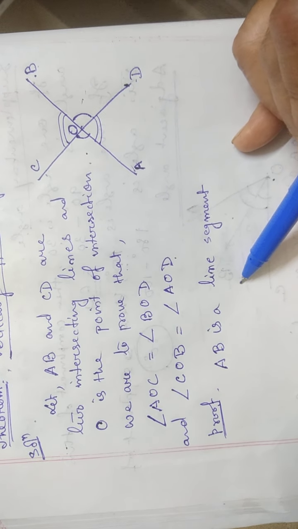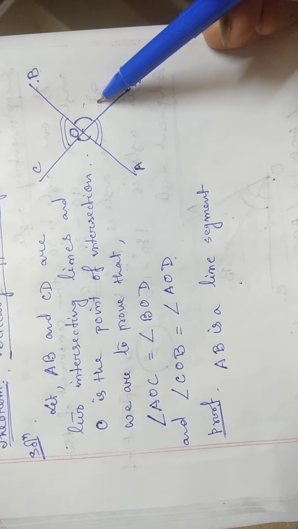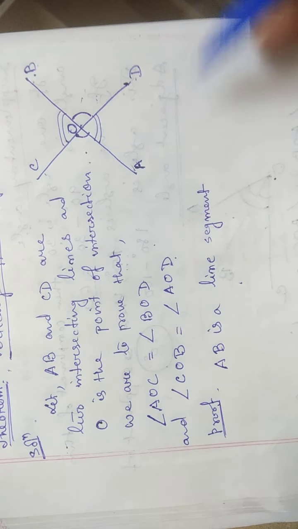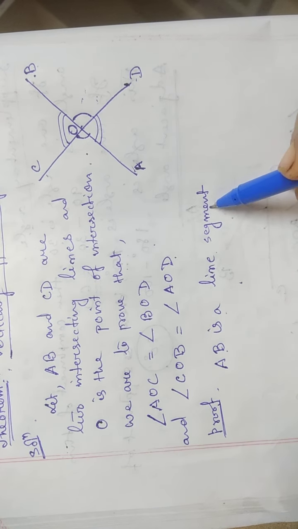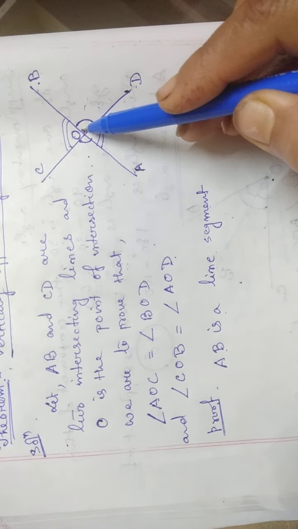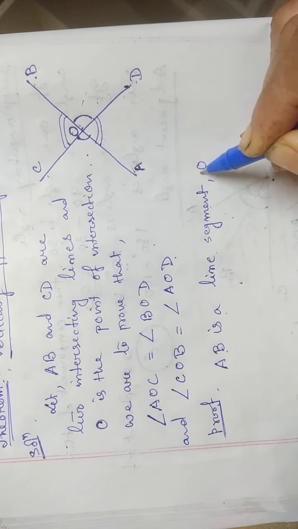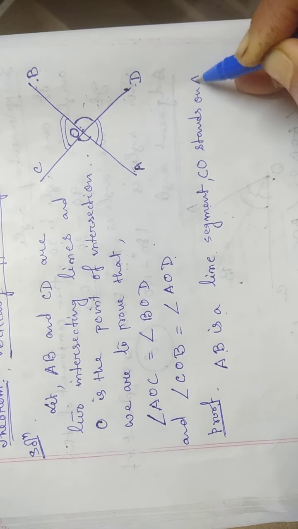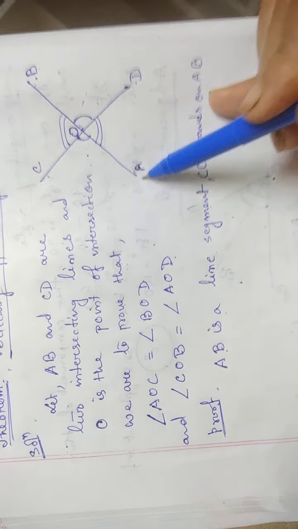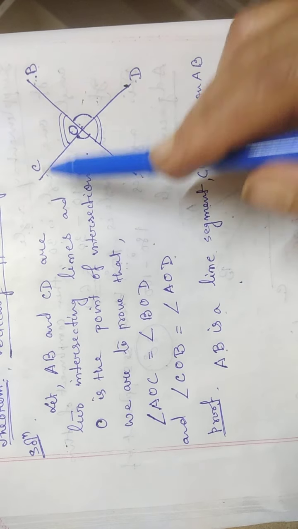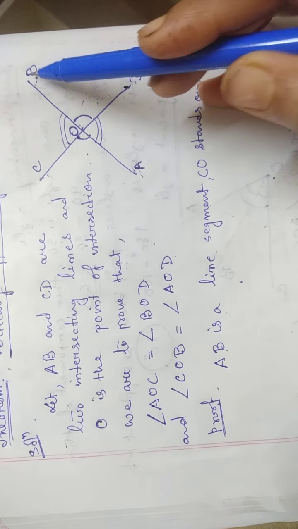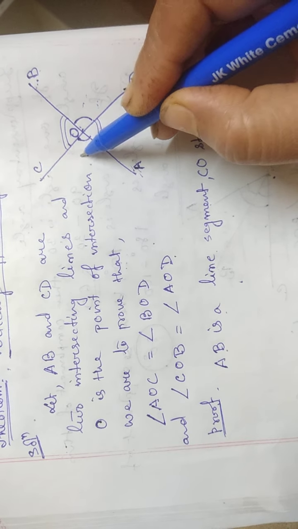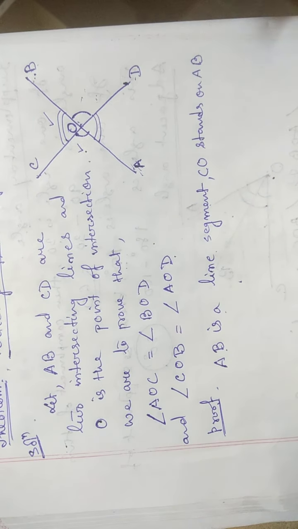Whenever you practice it, you should practice with the diagram. Diagram के साथ इसको practice करना है, ठीक है. AB is a line segment and CO stands on AB. CO कहाँ पर है? AB के ऊपर है, ठीक है. अभी देखो CO AB के ऊपर एक straight line है. So it makes two angles here. One is this one and another is this one.